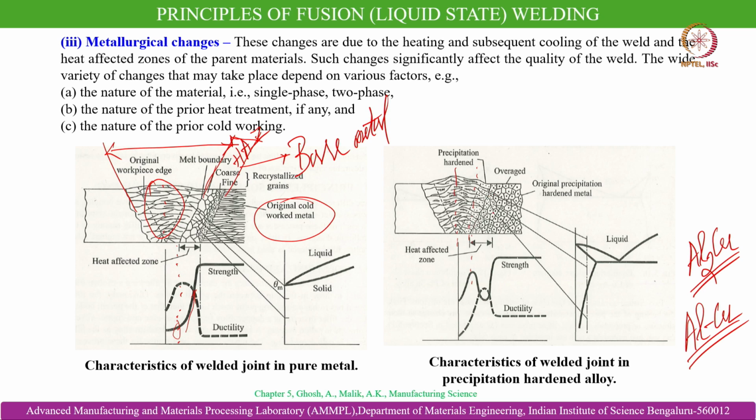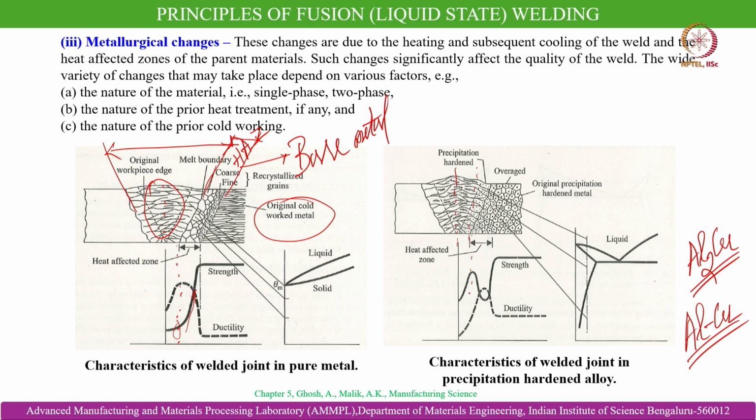This is the region which is precipitation hardened; very fine precipitates came out during solidification of the weld pool, towards the boundary because of the higher heat transfer at the boundary. So this region is precipitation hardened, and the strength is much higher.